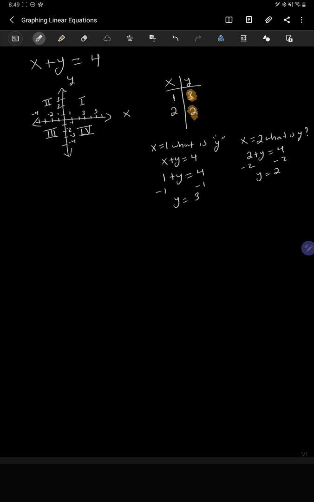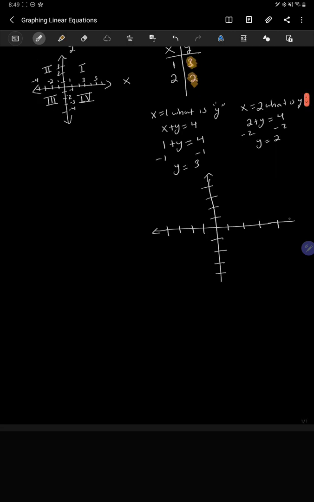And so we can actually look at our graph now. Okay, so let's see. We got 1, 3. So we go on the x, 1, and we go up 3: 1, 2, 3.